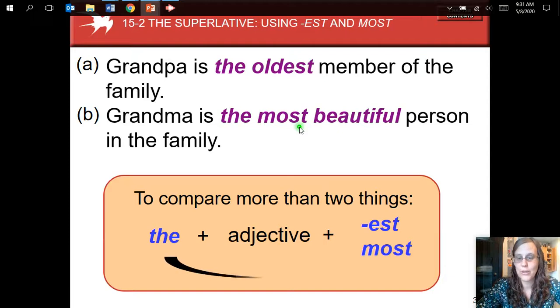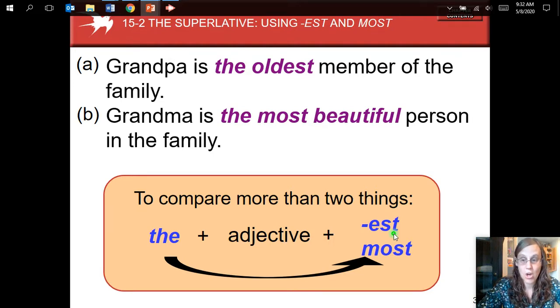And then we use the adjective. Now, for the adjectives that are short, one syllable, one sound, like the example here, old, we only add EST to the end of the adjective.